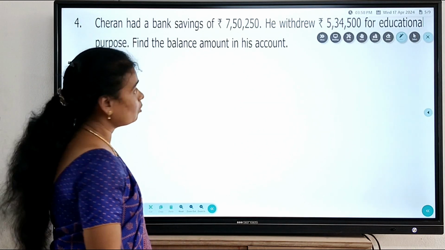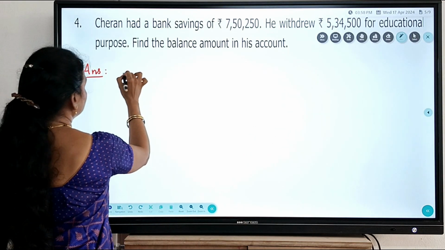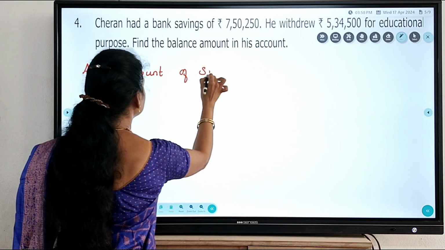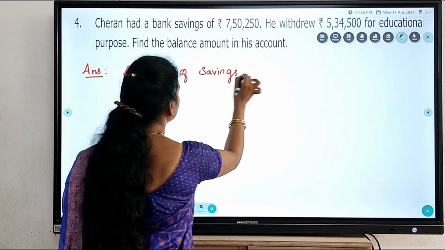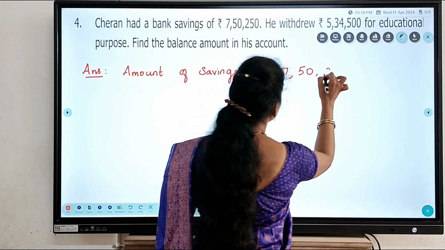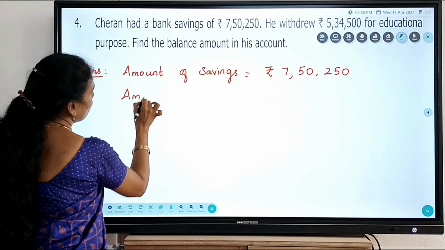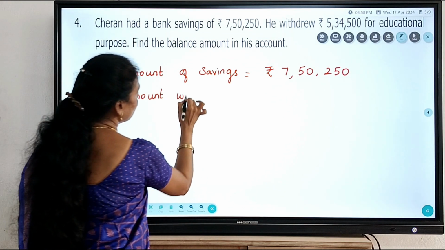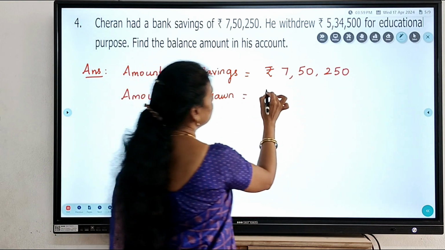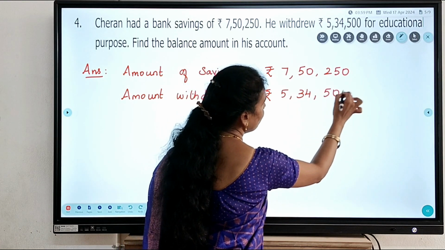This is again a statement problem where the statement has to be written. So first statement we can write it as amount of savings, that is equal to rupees 7,50,250. He withdrew. So amount withdrawn equal to rupees 5,34,500.